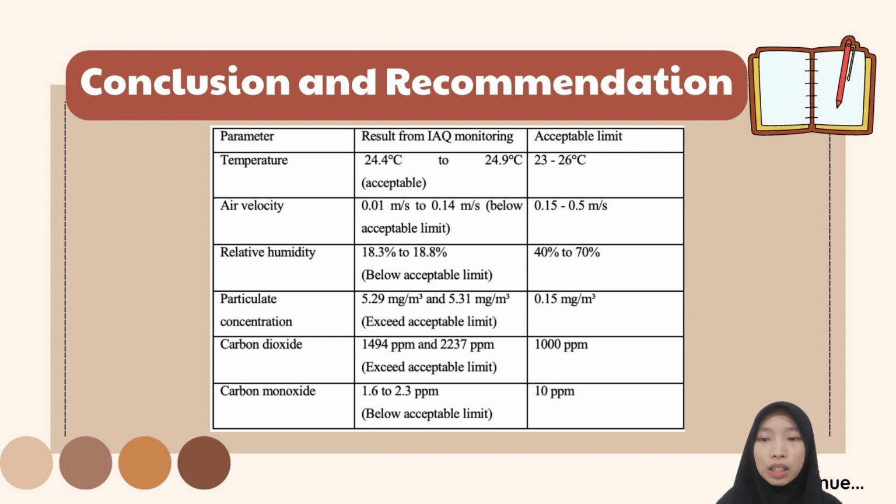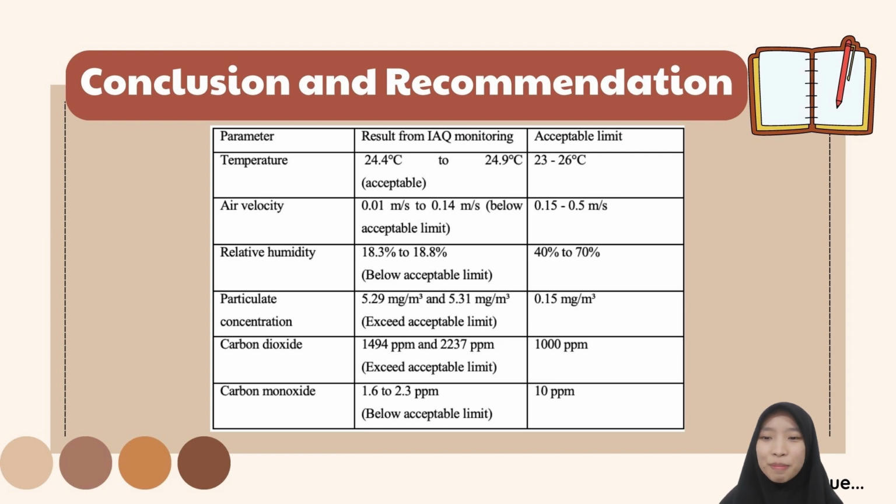That means there is no discomfort and the condition will not disturb the user. After that, the air velocity, which is 0.0 meter per second to 0.14 meter per second, is lower than the acceptable limit for air velocity, which is 0.15 until 0.5 meter per second.